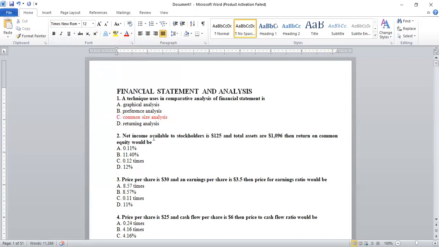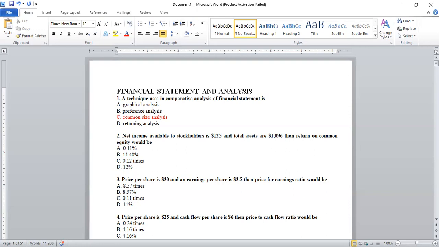Now, second question. Net income available to stockholders is USD 125, and the total assets are 1,096. Then the return on common equity would be 0.11%, 11.40%, 0.12 times, or 12%.